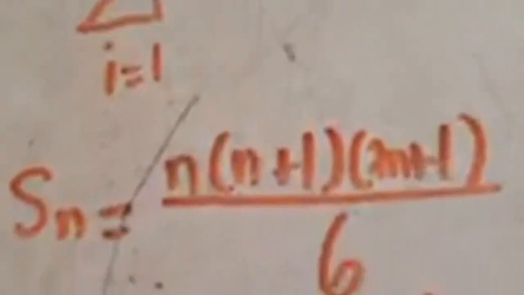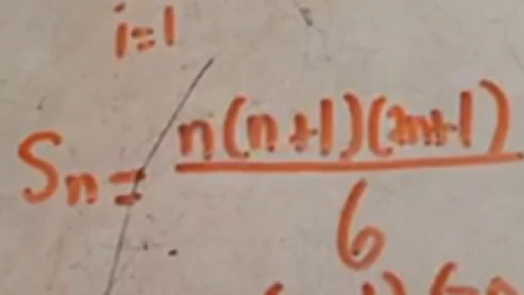We solved that by using the summation notation. This time there's a special formula only for these kinds of problems. The special thing about this whole summation notation problem is the i squared over here. There's only a special formula for that. It's called the sum of squares formula.